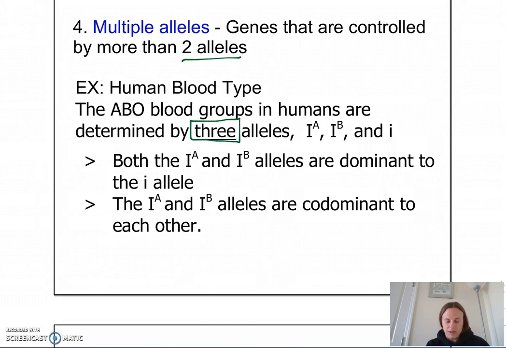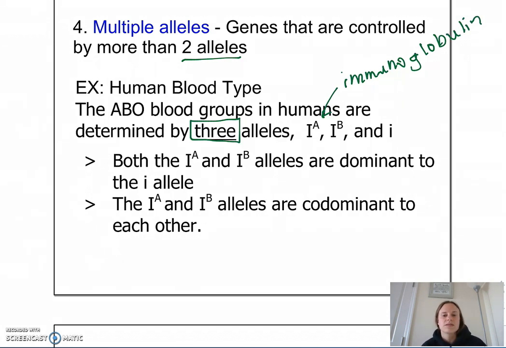You've got capital I, capital A, where the capital I just stands for immunoglobulin, and those are proteins that are found in our immune system.